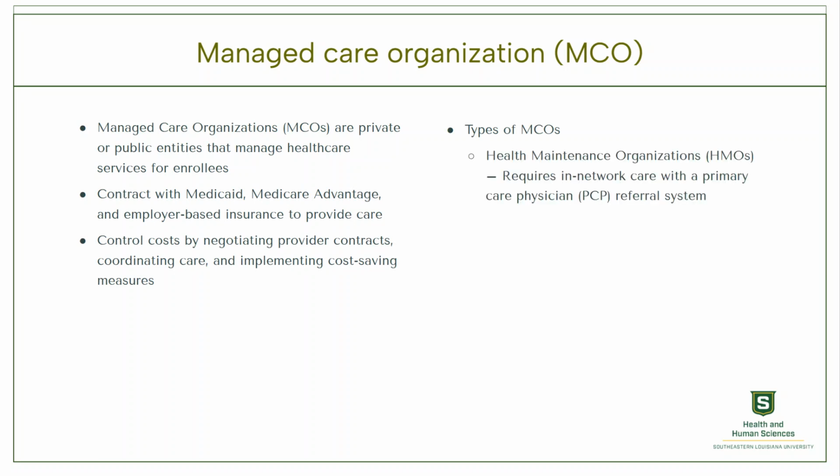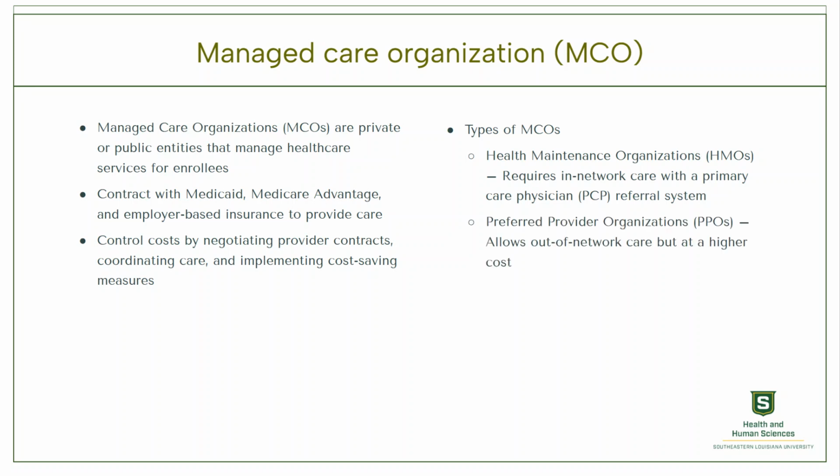So you have the HMOs, the health maintenance organizations. How they limit patient choices is that they require their enrollees to use in-network care, so they have to work with the providers they have a signed contract with. And in order to seek specialist care, it goes through a referral system with primary care physicians.